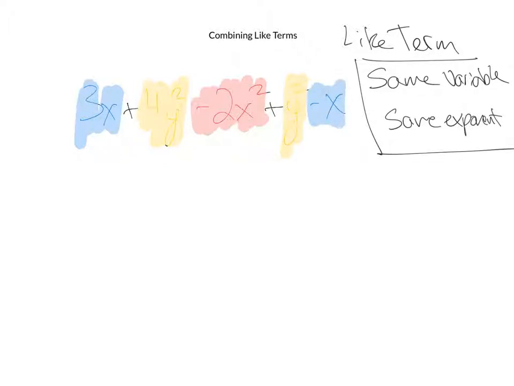So the ones I've highlighted in the same color can be combined. Let's start with 3x and negative x, giving us 2x. And now we can do 4y squared and y squared, giving us 5y squared. And then the negative 2x squared isn't like anything, so we can't combine it. So we just leave it as negative 2x squared.